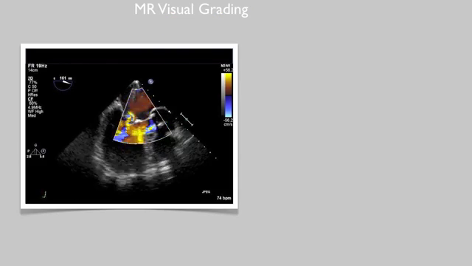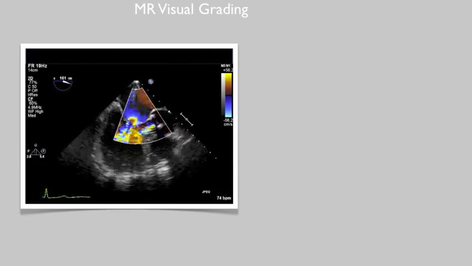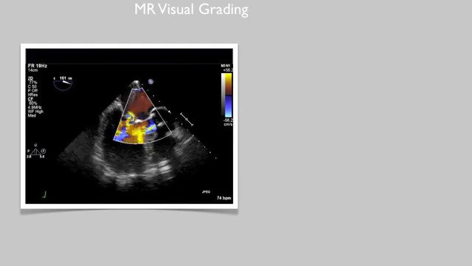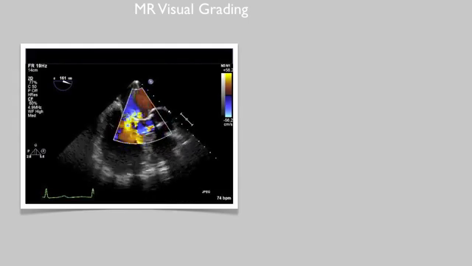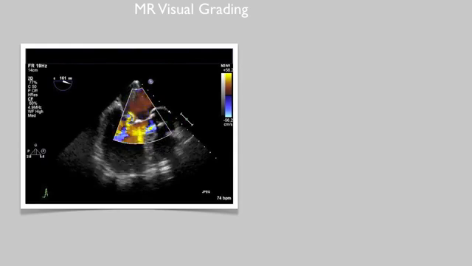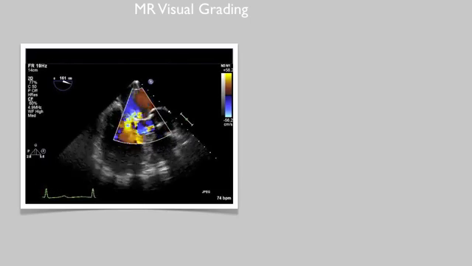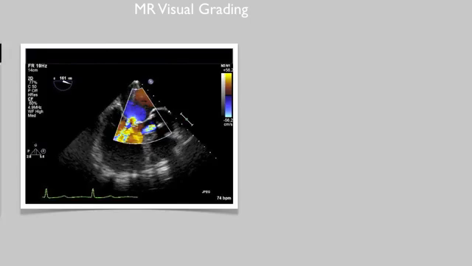This is an excellent example of a mixed regurgitant and stenotic lesion of the mitral valve. In systole, we see a large jet billowing back into the left atrium, which would be at least moderate or moderate to severe in intensity. In diastole, we see a hemisphere of flow acceleration above the mitral valve, which is strongly suggestive of mitral stenosis.